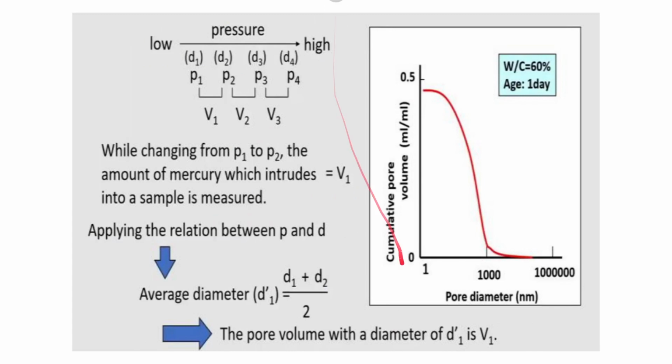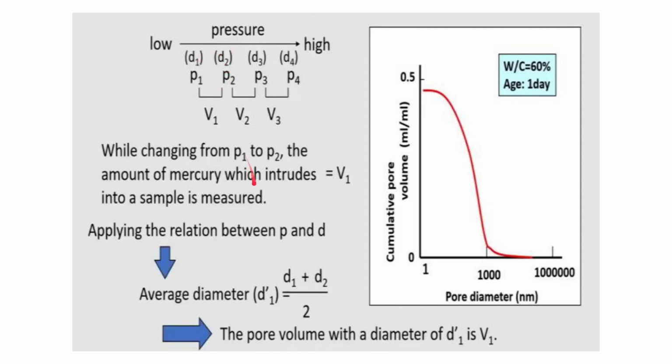So how is it calculated? Say for example at an instant t1, P1 pressure was applied, and that meant pore size of D1. And after some time, if we increase the pressure from P1 to P2, we get the size as D2.